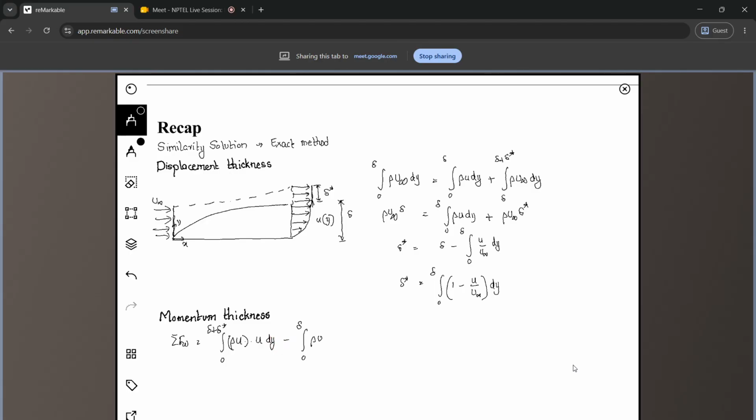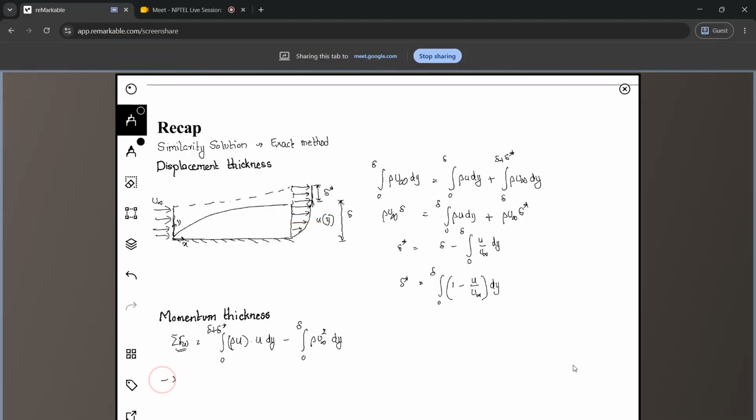we have only u infinity throughout. The net force experienced by the control volume from the bottom of the plate, or whatever wall or surface we have here, is the net force on the fluid. It is represented as negative because the air is pulling the plate in the positive x direction, which means the plate will pull the fluid in the negative direction.